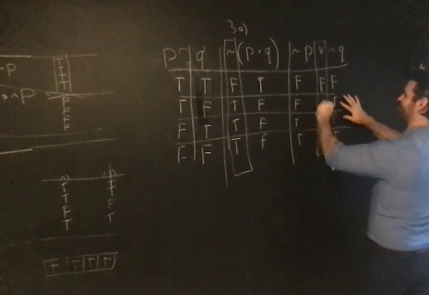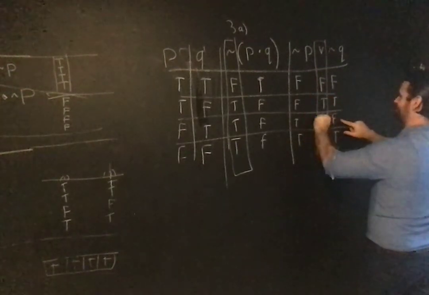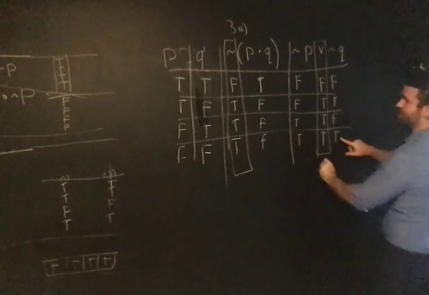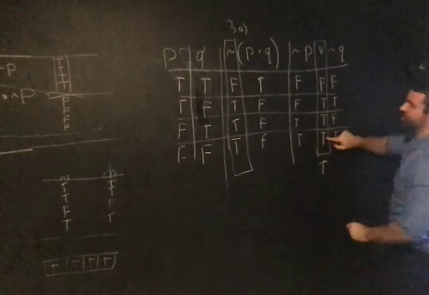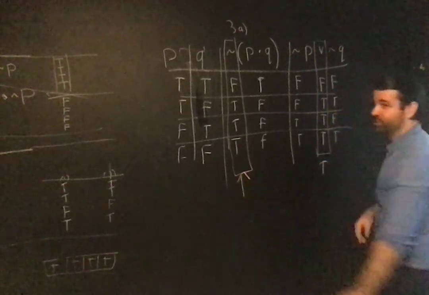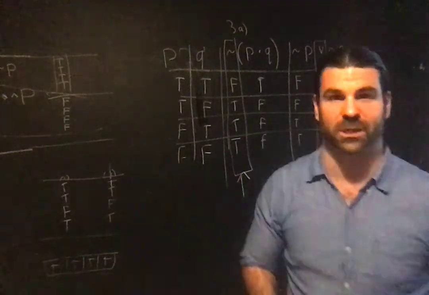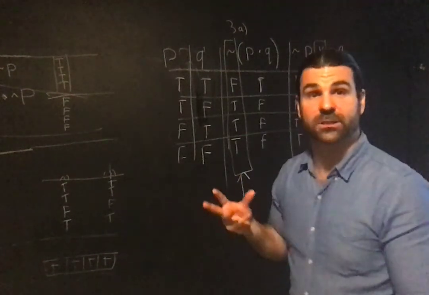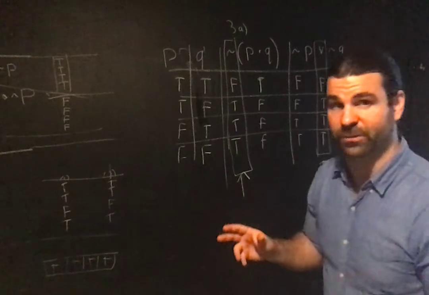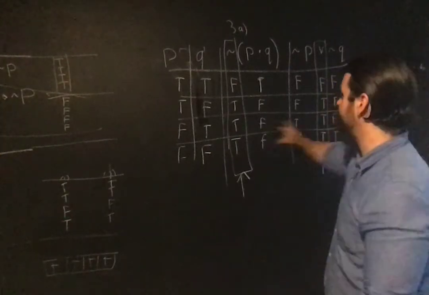False or true is true. True or false is true. True or true is true. So we've got false, true, true, true there. We've got false, true, true, true there. Those columns are identical. These two formulas are logically equivalent.